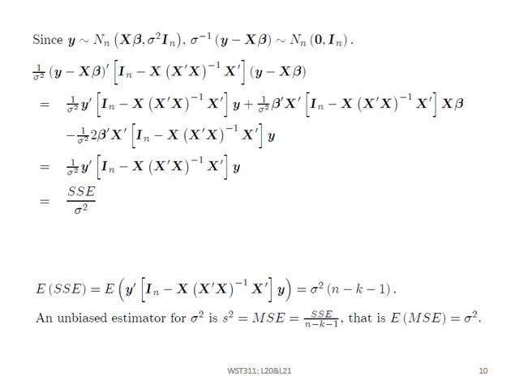We saw above that this follows a chi-square distribution with r degrees of freedom, where r equals the rank of the idempotent matrix. We also know from the properties of a chi-square random variable with r degrees of freedom that the expected value will be equal to r.